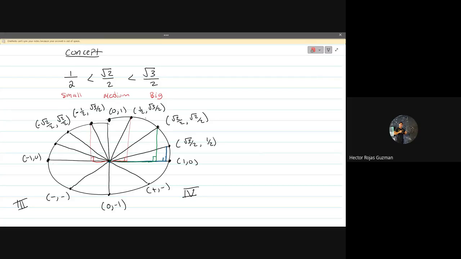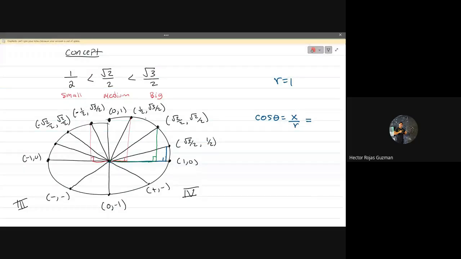We did talk about it in class already. So there's some things that I'm missing here, but maybe I should say them. Just real quick: cosine of theta is going to be the x coordinate divided by the radius. But the radius in the unit circle is 1, so the x coordinate simplifies.